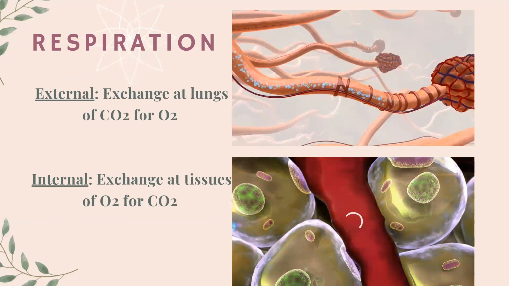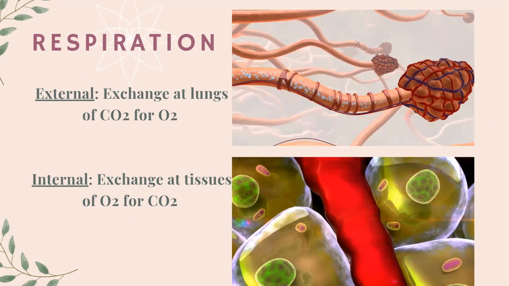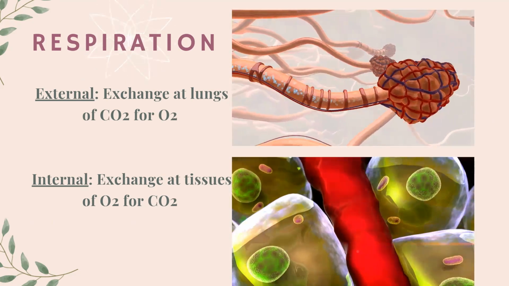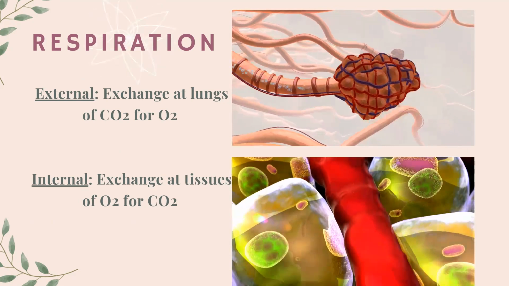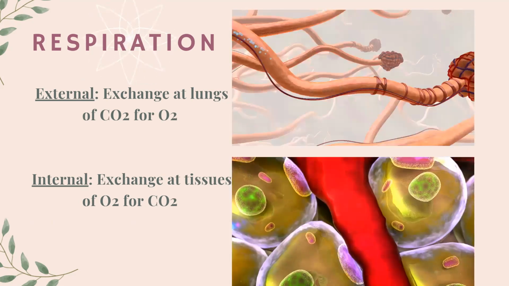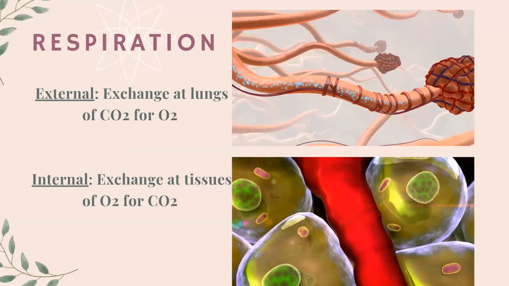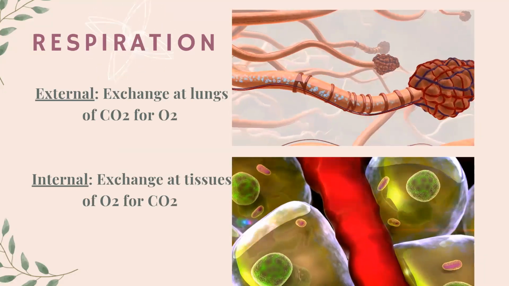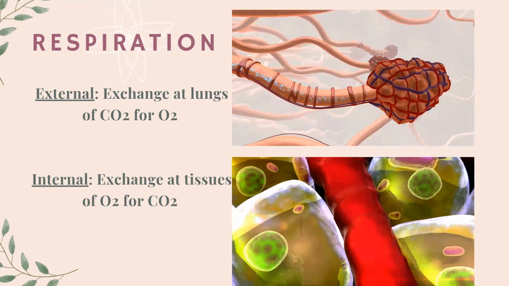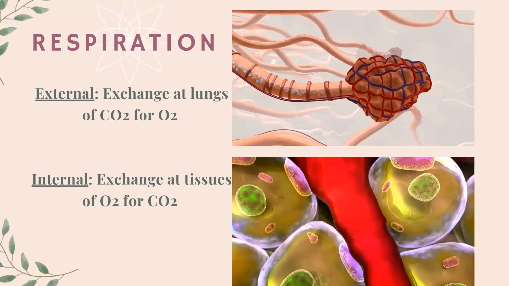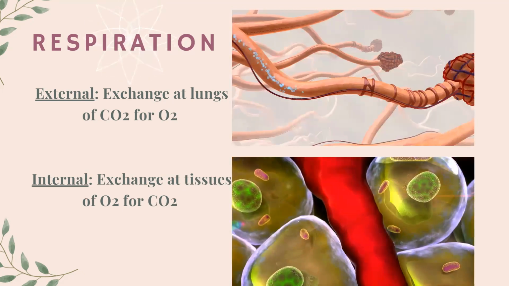All right, so we refer to respiration in two different portions. We have external expiration, or external respiration. This is the respiration that we think of most logically. This is going to be the actual exchange at the lungs. The air is coming in, and we're trying to swap out the fresh oxygen that we're bringing in for carbon dioxide that our tissues got rid of.